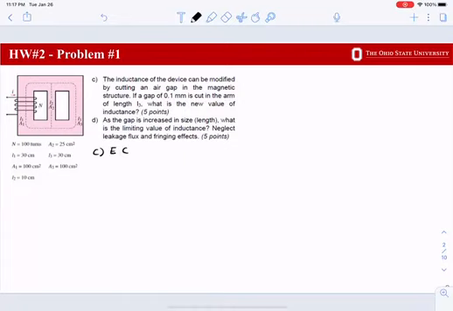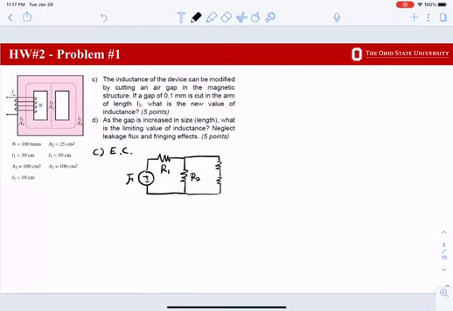The equivalent circuit looks like that. There is some flux source here. It's the same: reluctance 1, reluctance 2, here reluctance 3, but this is the new reluctance gap.